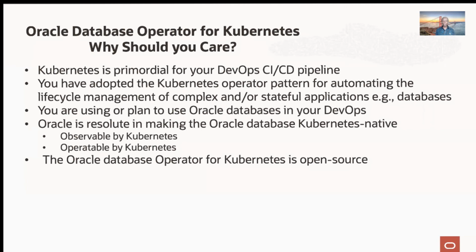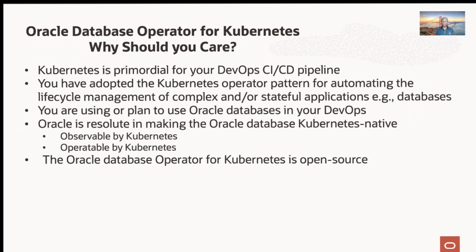The second reason is you have adopted the Kubernetes operator pattern for automating the lifecycle management of complex and stateful applications such as databases. So you have adopted the operator pattern. You are using or you plan to use Oracle databases in your DevOps, right? So those are three reasons to care about the Oracle Database Operator for Kubernetes.